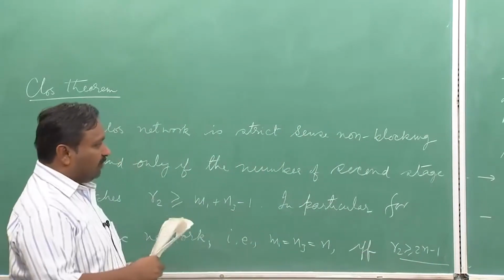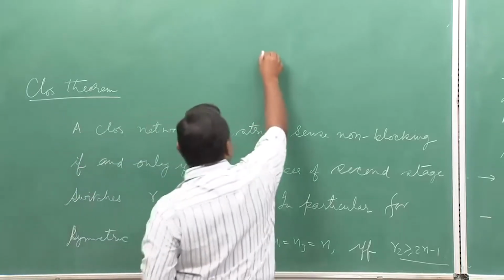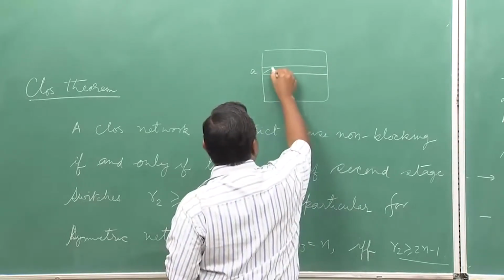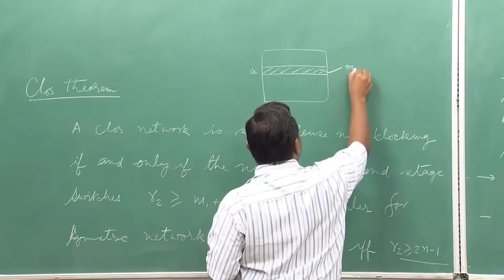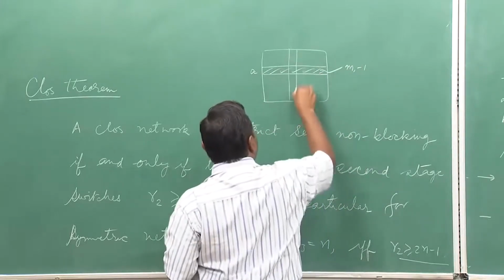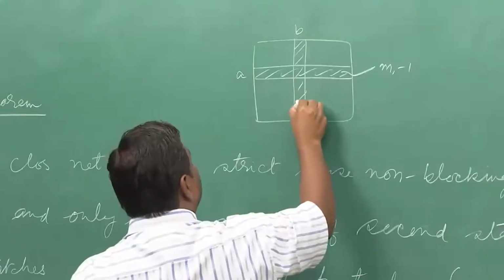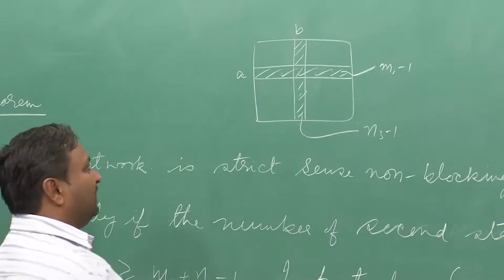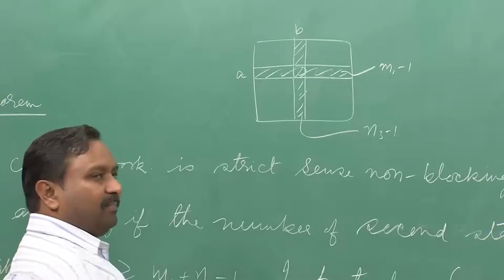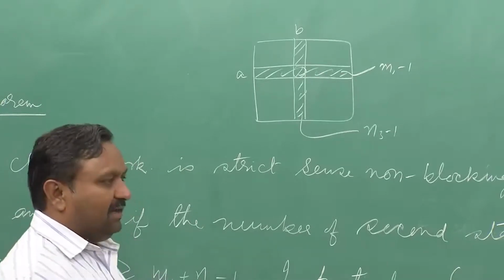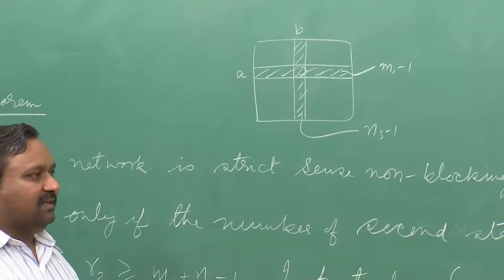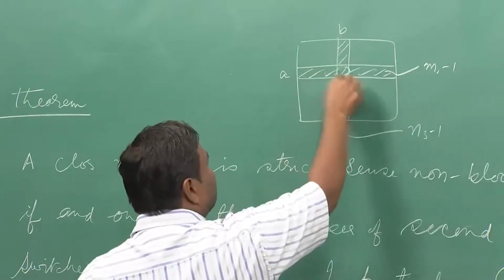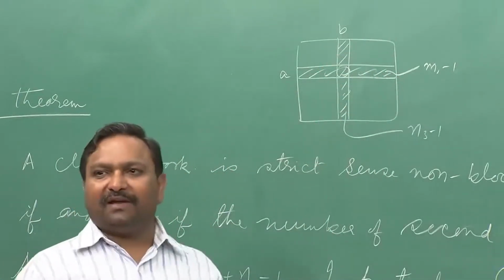Okay. Now, this actually means if I draw the matrix, there is a row A which has already got some entries which has M1 minus 1, there is a corresponding column for B, I have entries which are N3 minus 1, I need to find out an element which can be put here. In again worst case scenario, the entries in the row and in the column do not have any overlap.